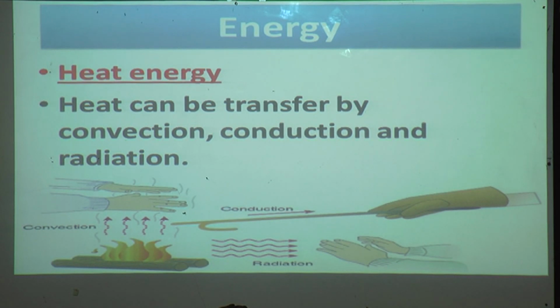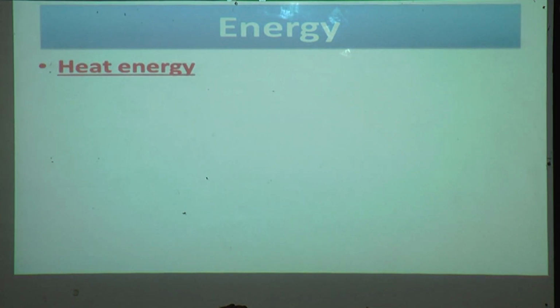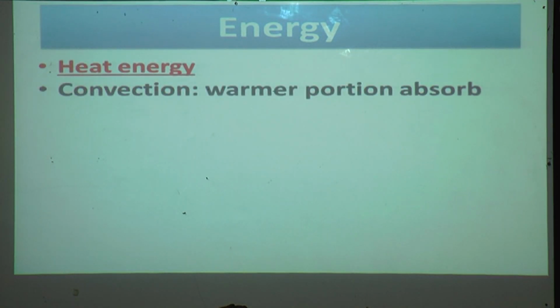Heat can be transferred by convection, conduction, and radiation. Once again I will read: heat can be transferred by convection, conduction, and radiation. We'll see what is meant by convection.